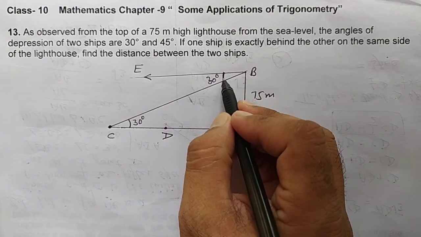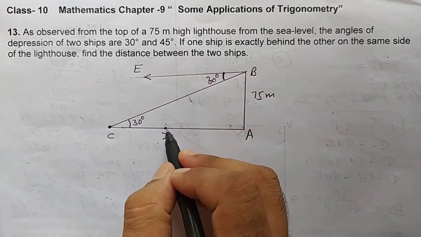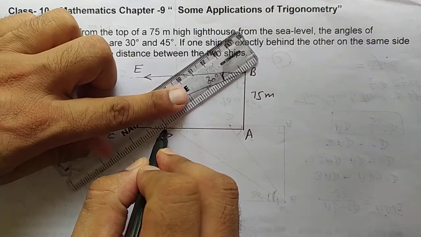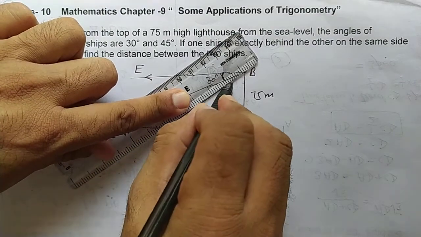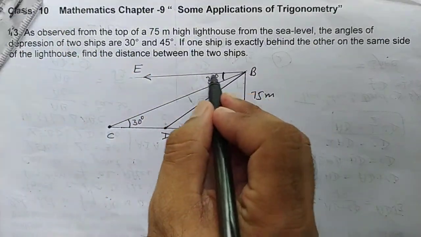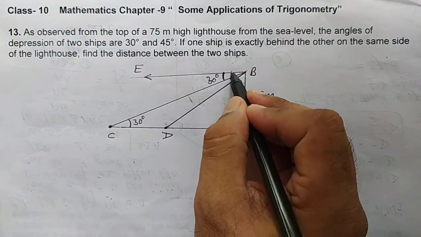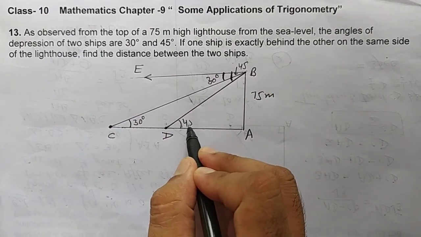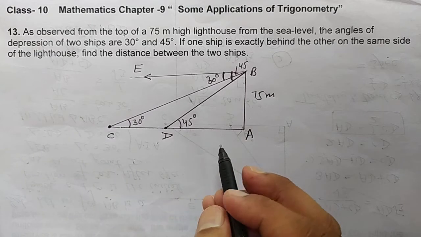So this angle is the angle of depression, that is 30 degree given, and for the next ship, the angle of depression is 45 degree. So this is the ray of sight and this is the horizontal already drawn. So this angle is 45 degree given. So this angle is also 45 because these are alternate interior angles, right?